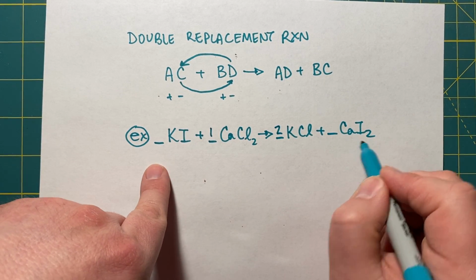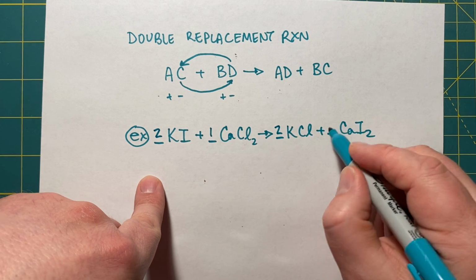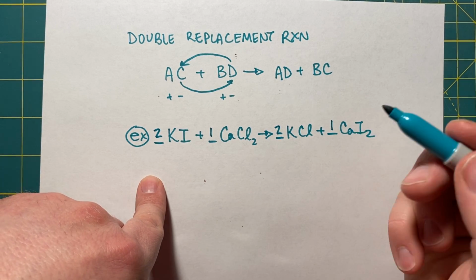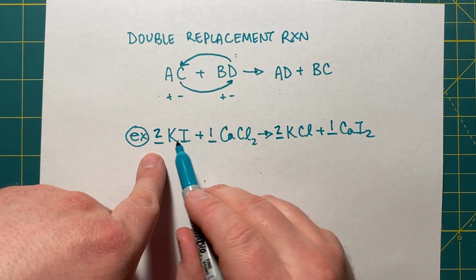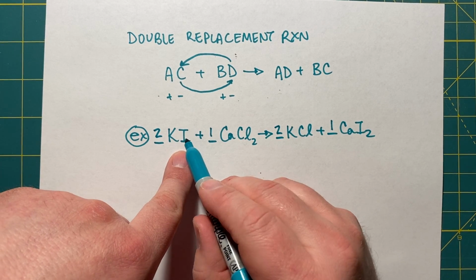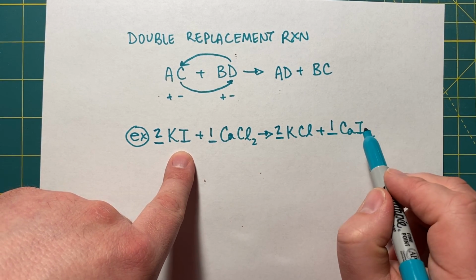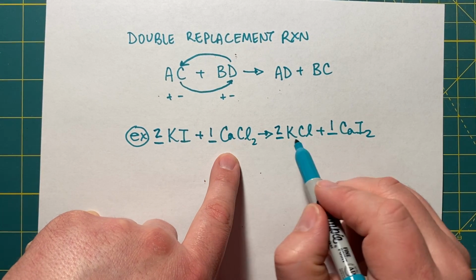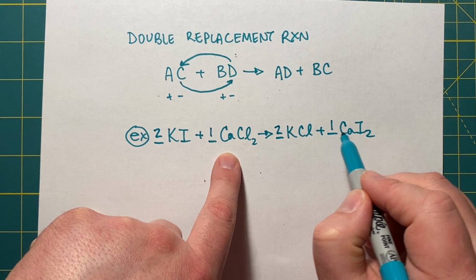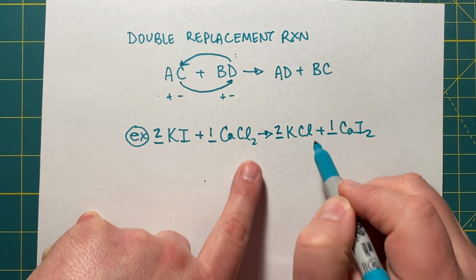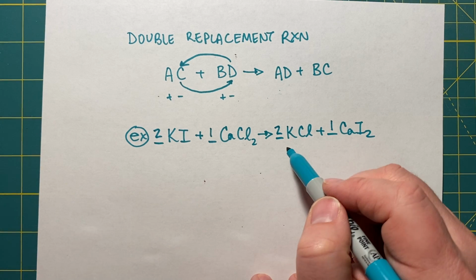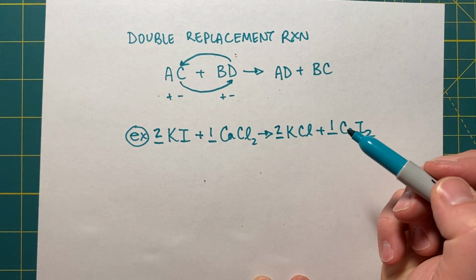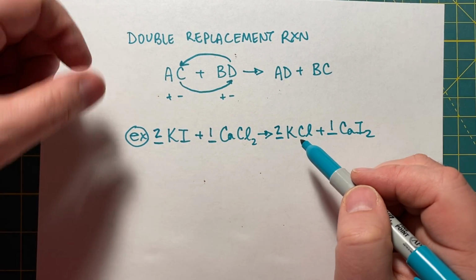I've got 2 iodides here, so I'm going to need a 2 here and a 1 here. I hope it's all right because I used marker. I've got 2 potassiums, 2 iodides, 1 times 2 iodides here. That's good. 1 calcium, 1 times 1 calcium, 1 times 2 chlorides, and 2 times 1 chloride. That's good. So there's a common double replacement reaction.